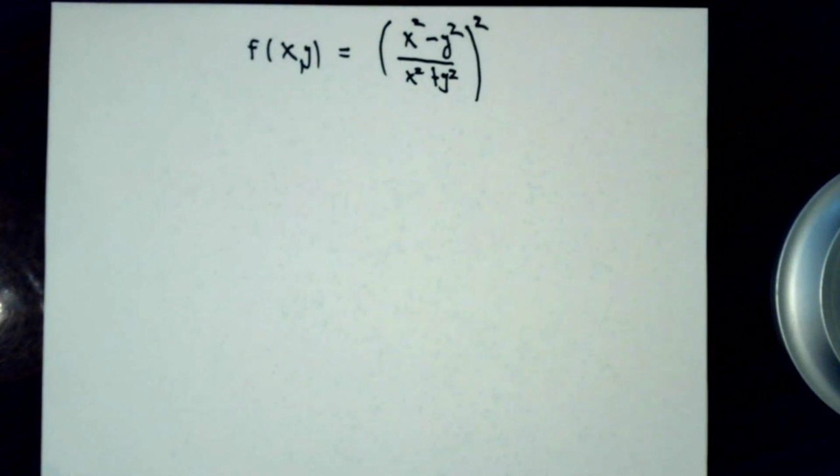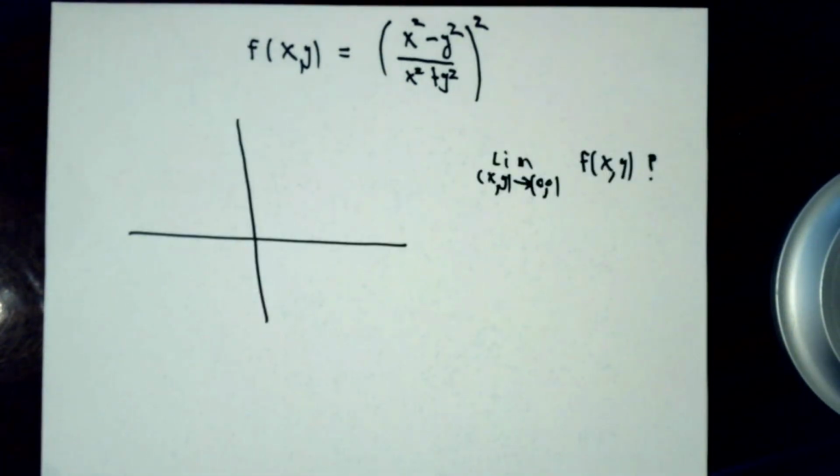If x and y are both 0, though, this function value will be undefined. I want to think about the limit as x and y both approach 0 of this function value. It's worth mentioning that if I take the limit as xy approaches some other spot, there's no problem with that.